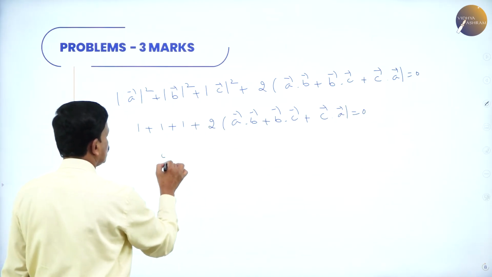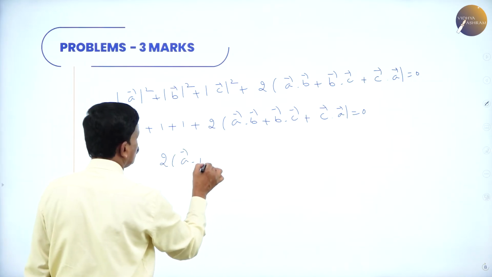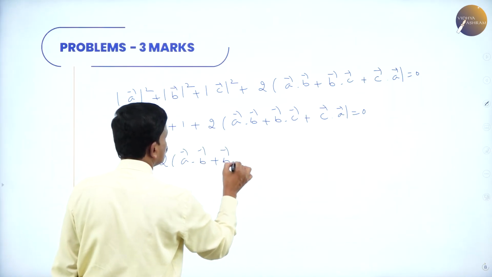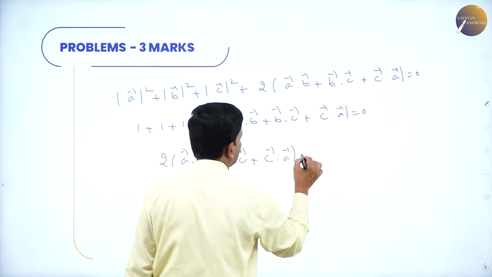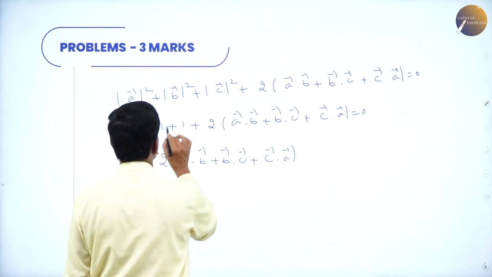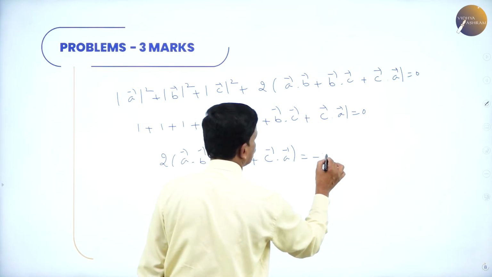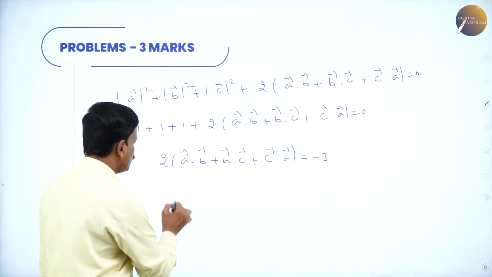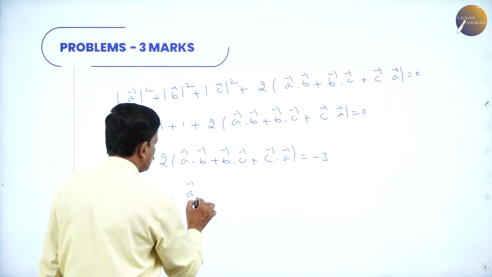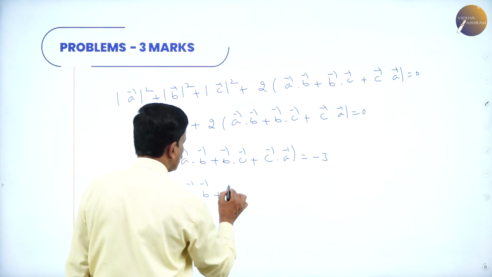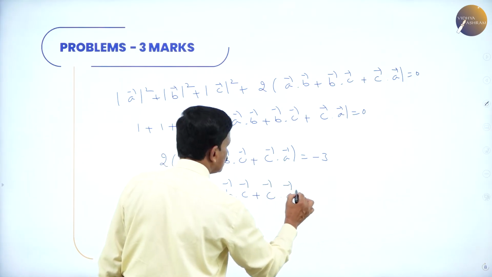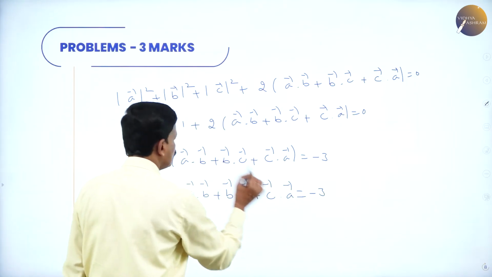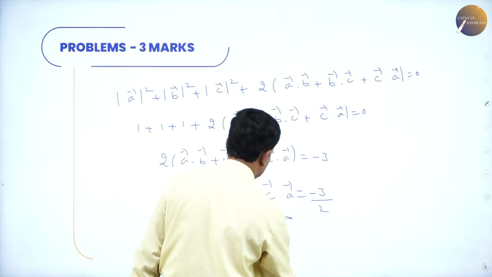Now just keep this 2 into A dot B plus B dot C plus vector C dot A and transfer this 3 to the other side, it can be written as minus 3. So therefore the required answer A dot B plus vector B dot C plus vector C dot A is equal to minus 3. Bring this 2 to the denominator.